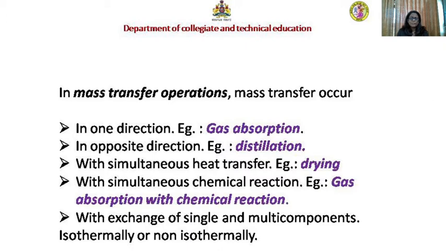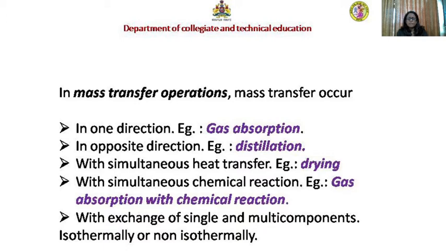So some mass transfer operations also involve chemical reaction simultaneously. For example, gas absorption operation with chemical reaction. So let me cite one example here to understand the chemical reaction occurring with the mass transfer operation. In the manufacture of nitric acid, which requires a reaction between nitrogen dioxide and water, the nitrogen dioxide is first absorbed by water from a mixture of gases.